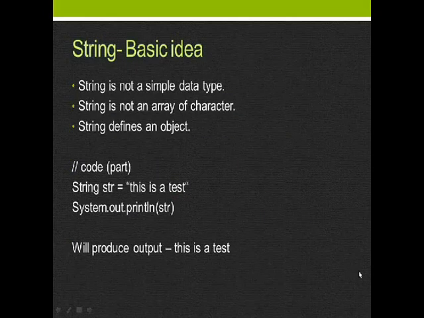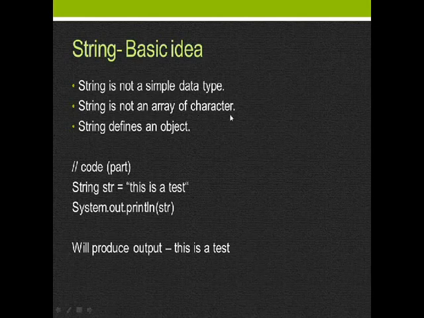Now let us discuss some basic idea of string. What is a string? String is not a simple data type. As we have seen earlier, int and char are simple data types, but string is not a simple data type. String is not an array of characters.